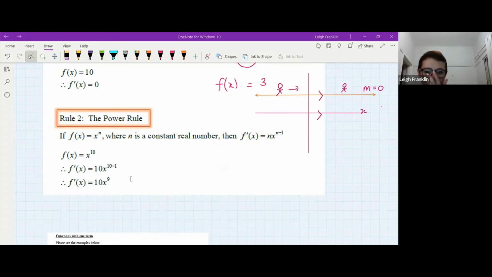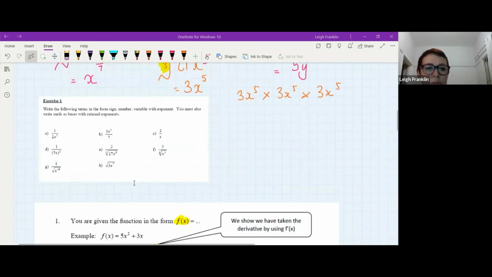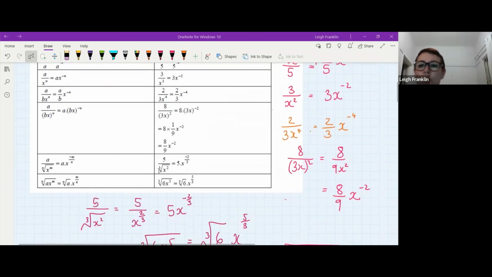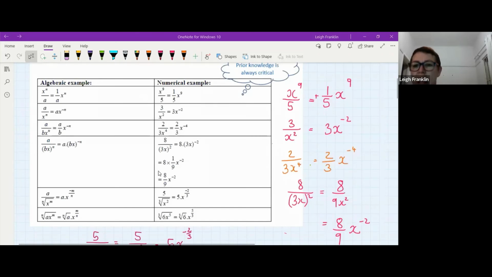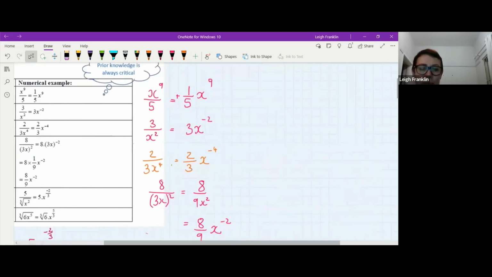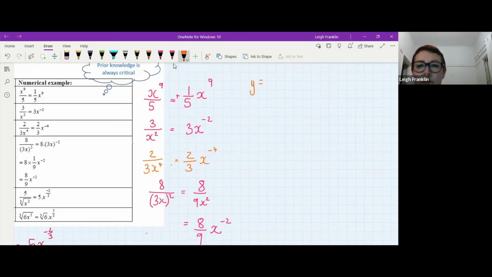That's why it's so important that we do questions like this and we know how to write it as a coefficient, variable in the numerator, and then our exponent like that. So the power rule, if I wanted to now apply my power rule to one of these, let's say I had y equals x over 9 to the power of 5.